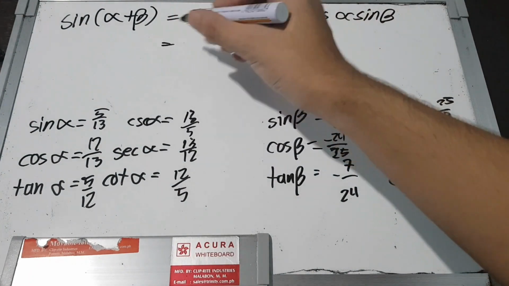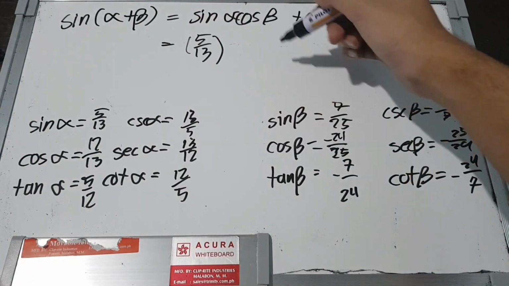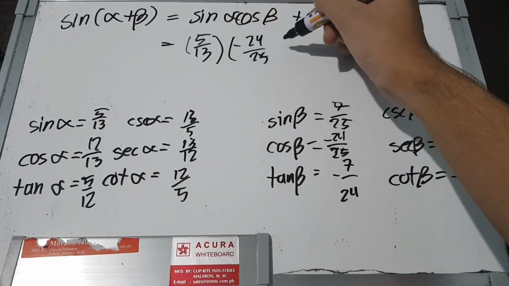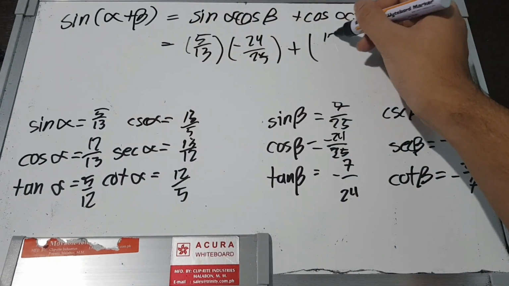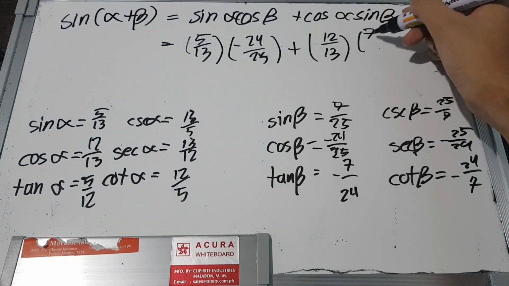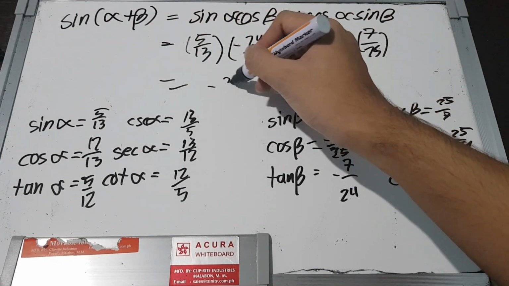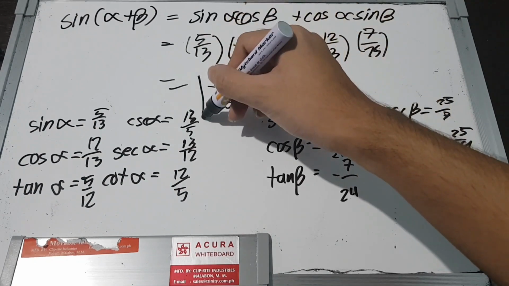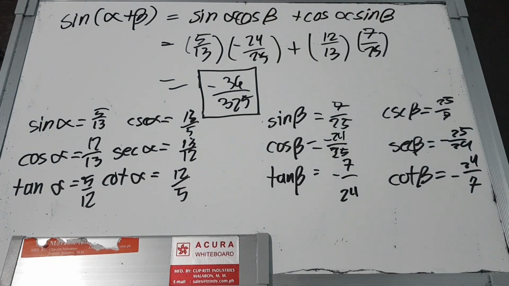Sine alpha would be 5 over 13 multiplied by cosine beta, which would be negative 24 over 25, plus cosine alpha, which would be 12 over 13, times sine beta, which would be 7 over 25. Solve all that, we will have the final answer of negative 36 over 325. This is the exact value of sine alpha plus beta.